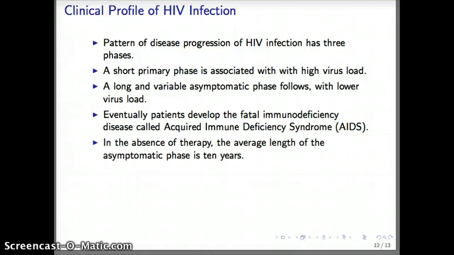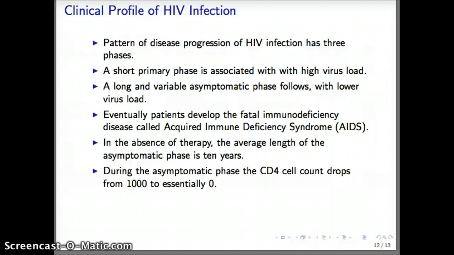So in the absence of therapy, the average length of phase number 2 may be maybe 10 years. During the asymptomatic phase, there is a type of cells called CD4. We'll talk more about them later, but this brings another good point.